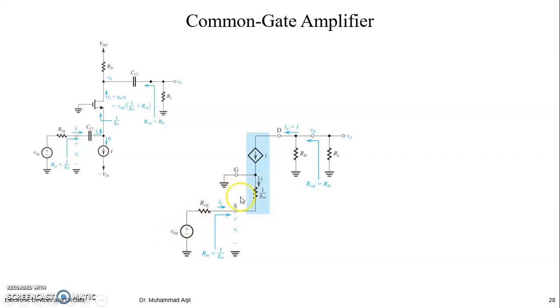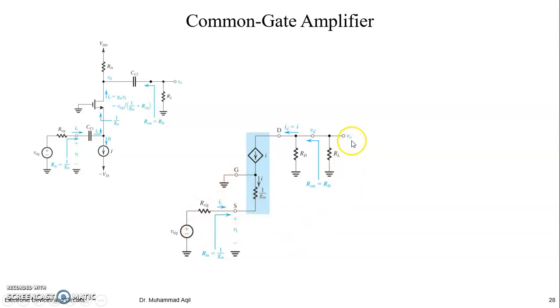VGS or VSG? It is VSG. You can see from here to here and here to here. So what is the relation of VGS? It will have a negative sign. So minus 1 by Gm at the numerator, divided by, at the denominator, 1 by Gm plus R signal, and the whole multiplied by V signal. Okay, so we have the minus sign already in the VGS relation with the V signal.